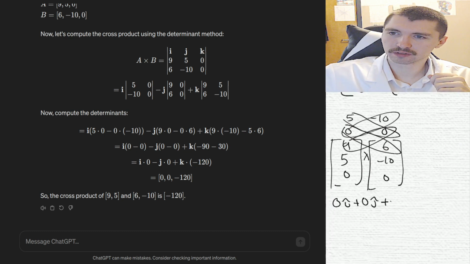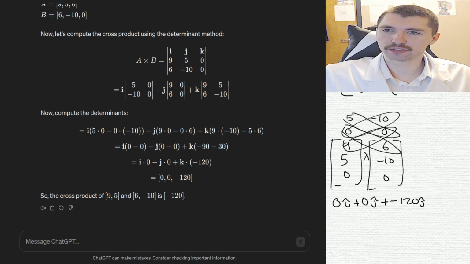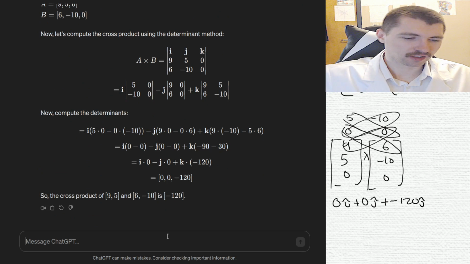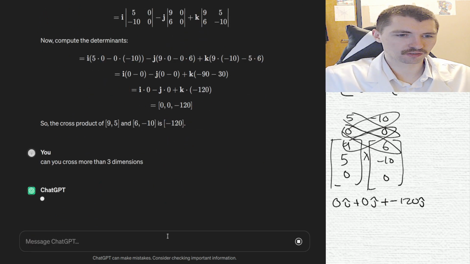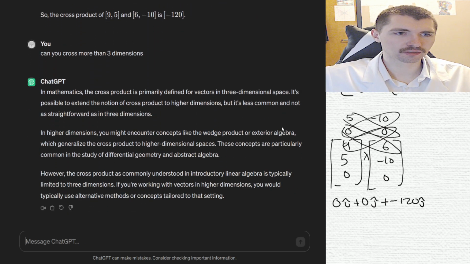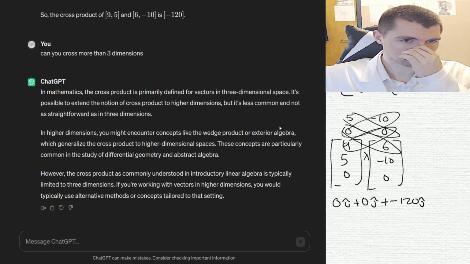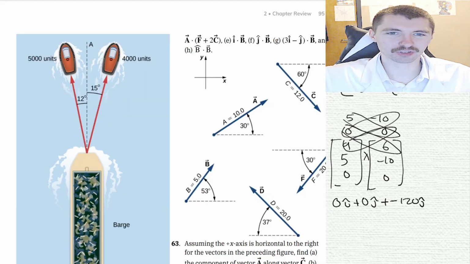Oh, okay. So we had to fix our setup. Can you cross more than 3 dimensions? It's primarily defined for 3 dimensions. You can go to more than 3 dimensions, but it's harder.